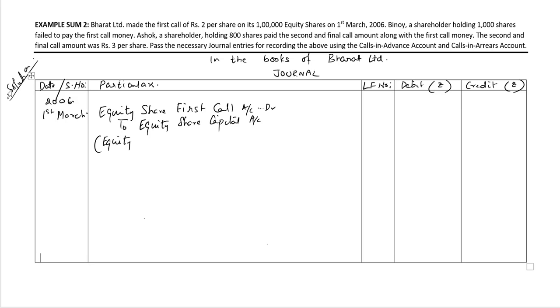Equity share first call money due. Amount due is 1 lakh shares multiplied by rupees 2 per share comes up to 2 lakh rupees.